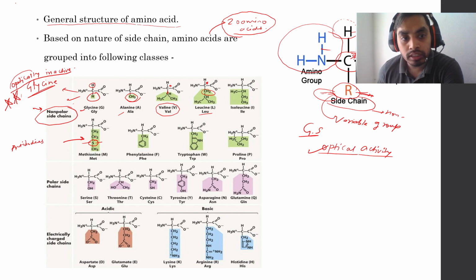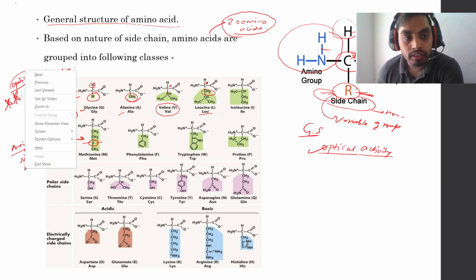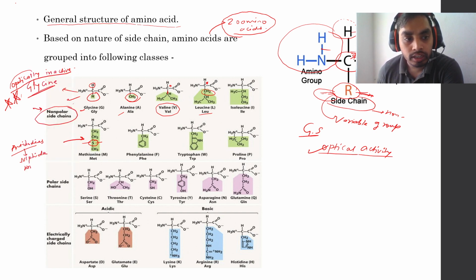So the amino acids that contain a sulfur group are involved in the formation of sulfide bridges. So all the amino acids that contain a sulfur group are important to remember.